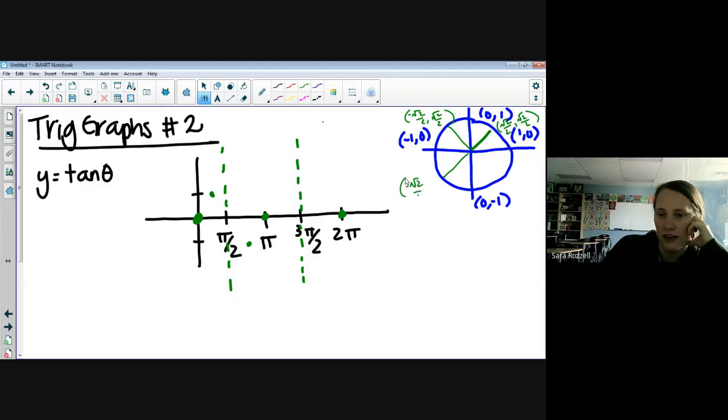They're both negative in this quadrant. A negative divided by a negative makes a positive. So the next halfway point is back at positive 1. Are we kind of seeing a pattern? So our next halfway point would be at negative 1. The next one would be at positive 1.